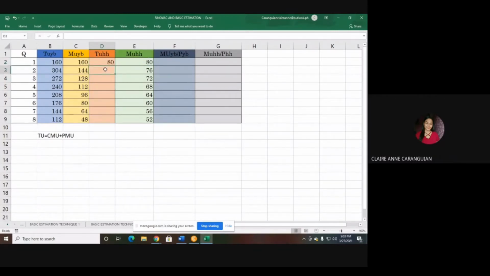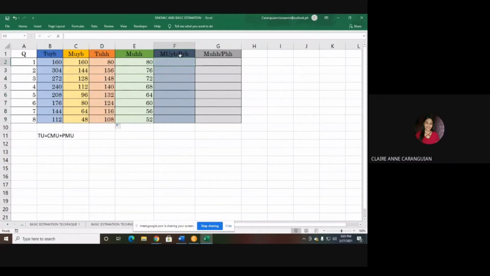Next, same formula for TU: total utility is equal to current marginal utility plus previous marginal utility, which is equal to 156. So it is the same formula.